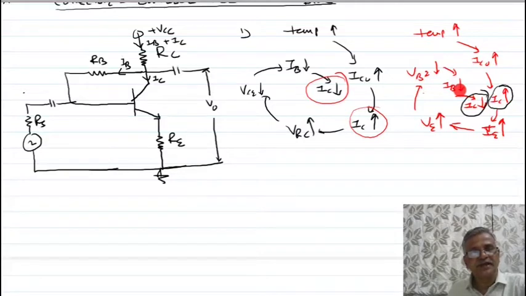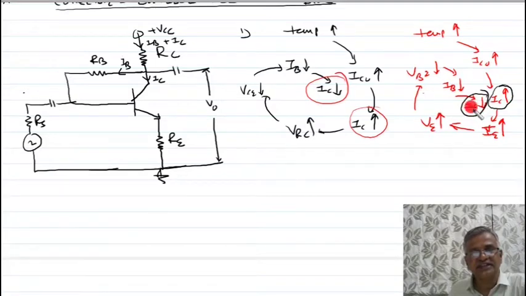emitter feedback bias circuit. So as temperature increases, leakage current increases, collector current increases, as a result emitter current increases, so voltage across emitter resistor increases, so VB decreases, as base emitter voltage decreases, base current decreases, so collector current decreases.